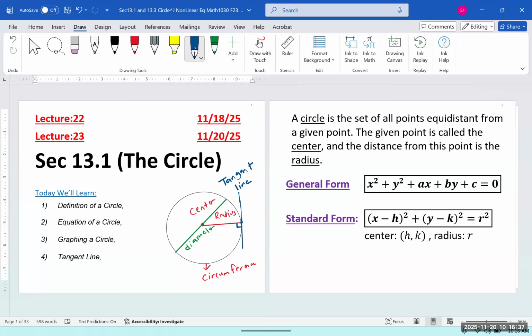And how do you know how much the radius is? Whatever we have on the right side of the equal sign, take the square root of it, that's the radius. So without doing any math visibly, just by observing the form, we already know everything about the circle, where the center is and how big the circle is.